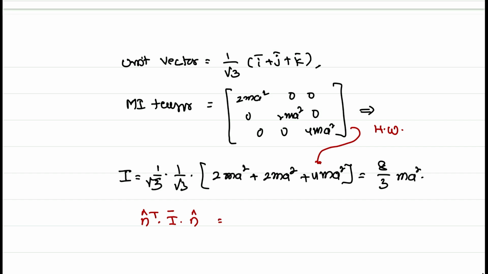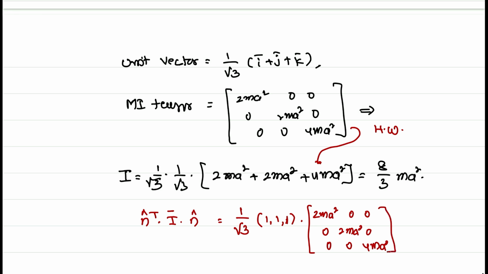For your brevity, I will write like this: 1 by root 3, 1 1 1, dot 2ma square 0 0, 0 2ma square 0, 0 0 4ma square, into 1 by root 3.